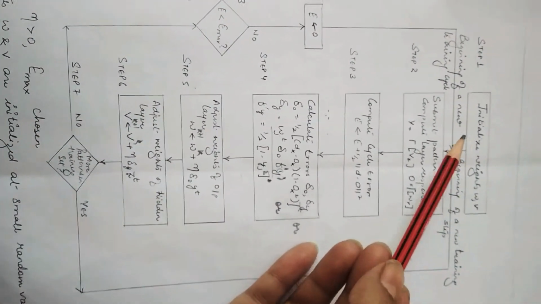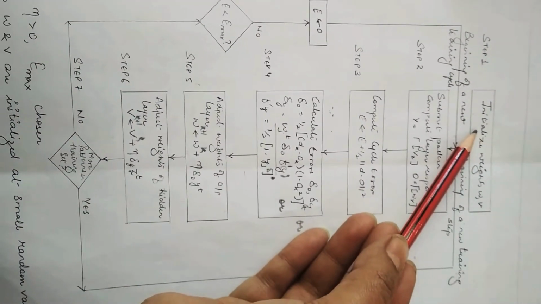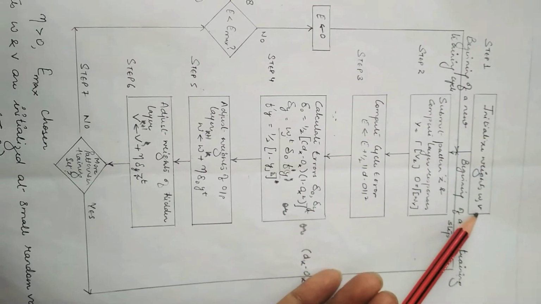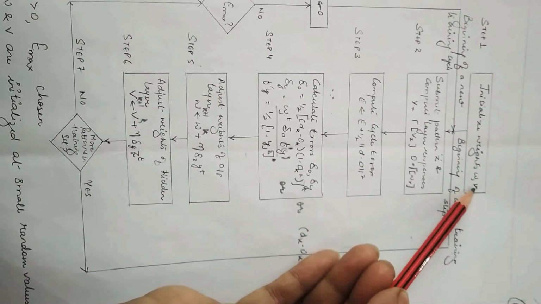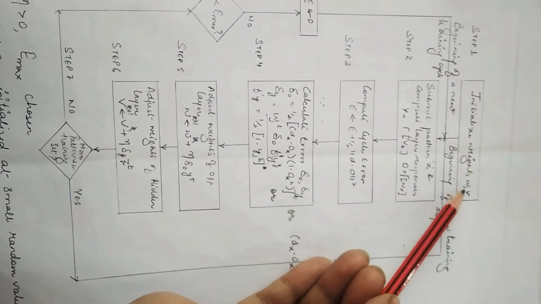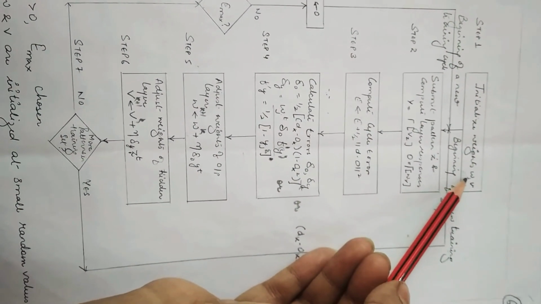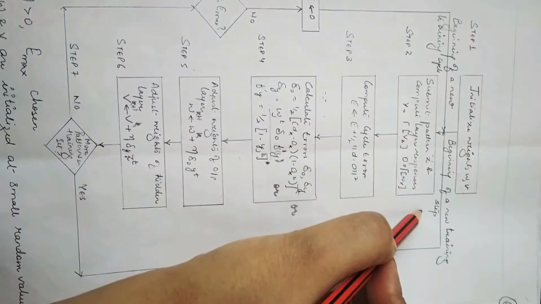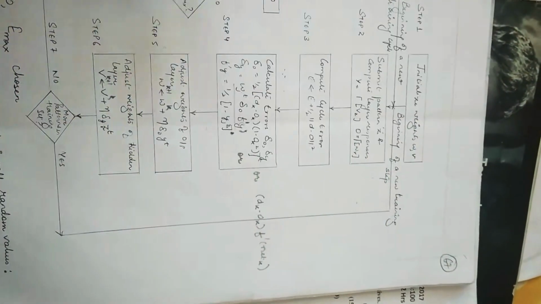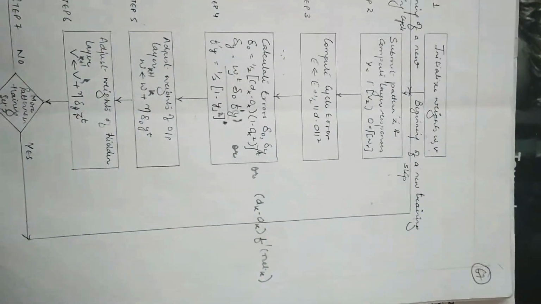Now, what is there? We will initialize weights W and V. I have explained what W and V are. V is the weight of the jth layer and W is the weight of the kth layer of neurons. Now this is the beginning of a new training step. After that we will submit the pattern.